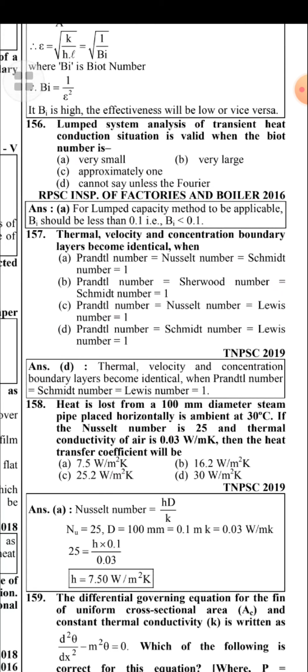Heat is lost from a 100 mm diameter steam pipe placed horizontally in an ambient of 30 degree Celsius.